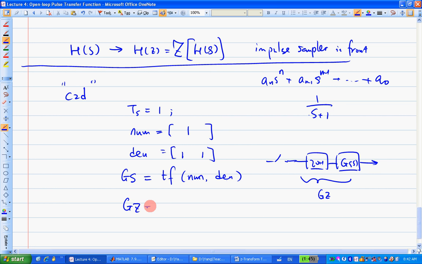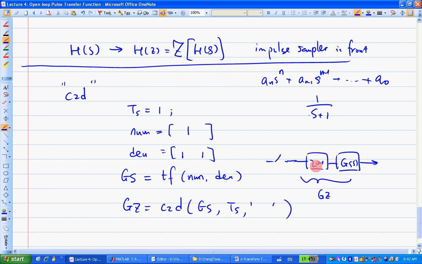So G of z will be obtained using C2D. You plug in the G of s, then plug in the sampling time. Now this is the key point next: you have to specify a parameter here.